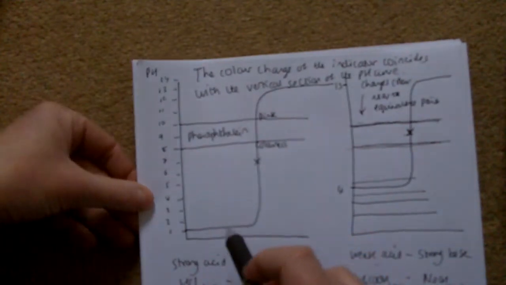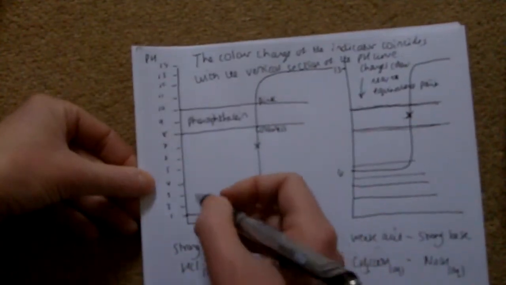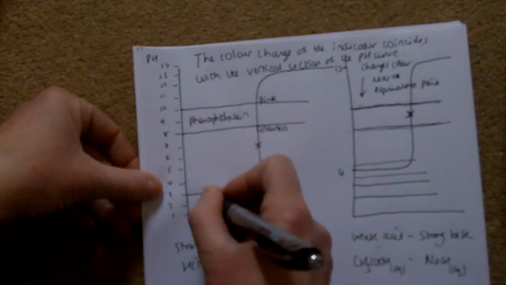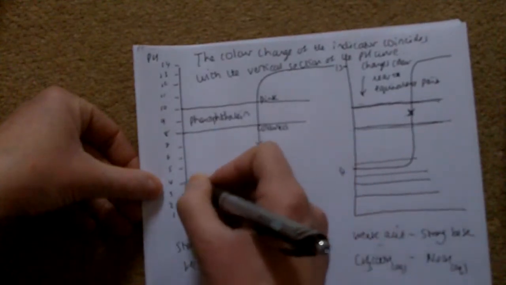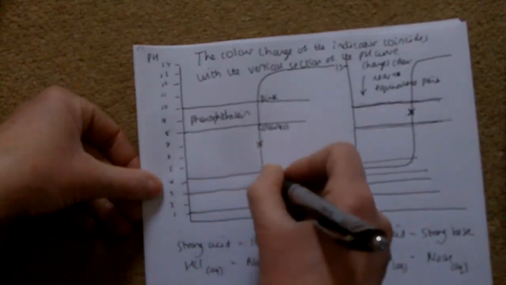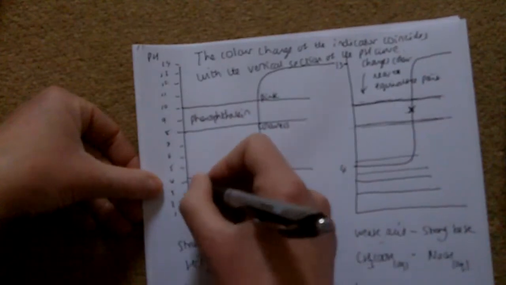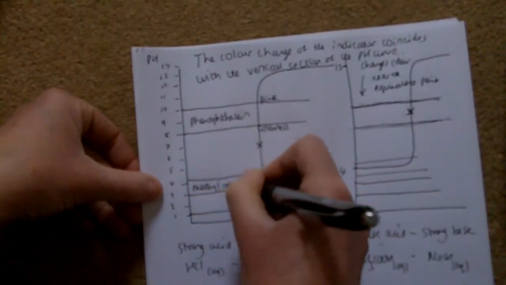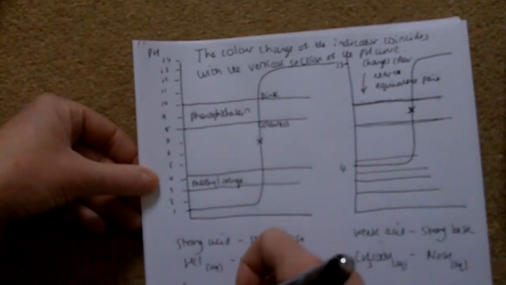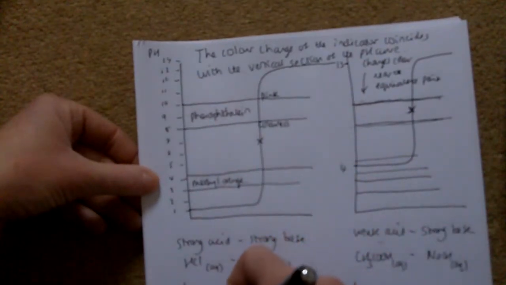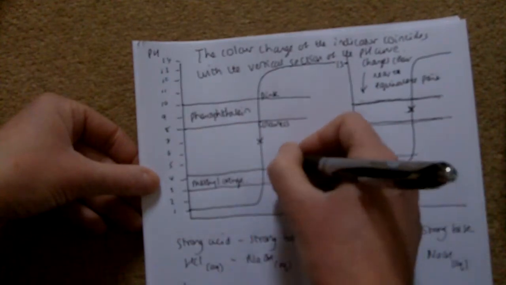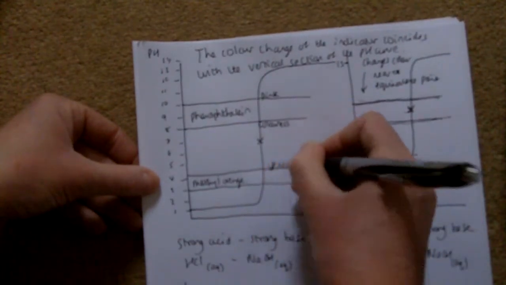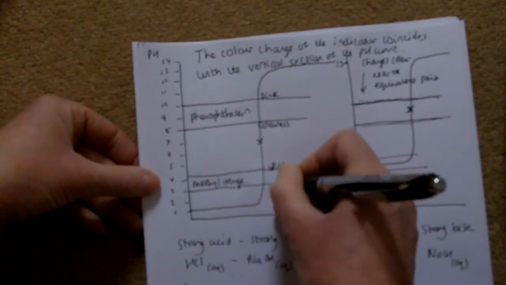The other indicator you need to know is methyl orange. Methyl orange changes color lower down, about 3 to 4 around there. As we've already said, when it's in alkali it's yellow, and when it's in acid it's red.